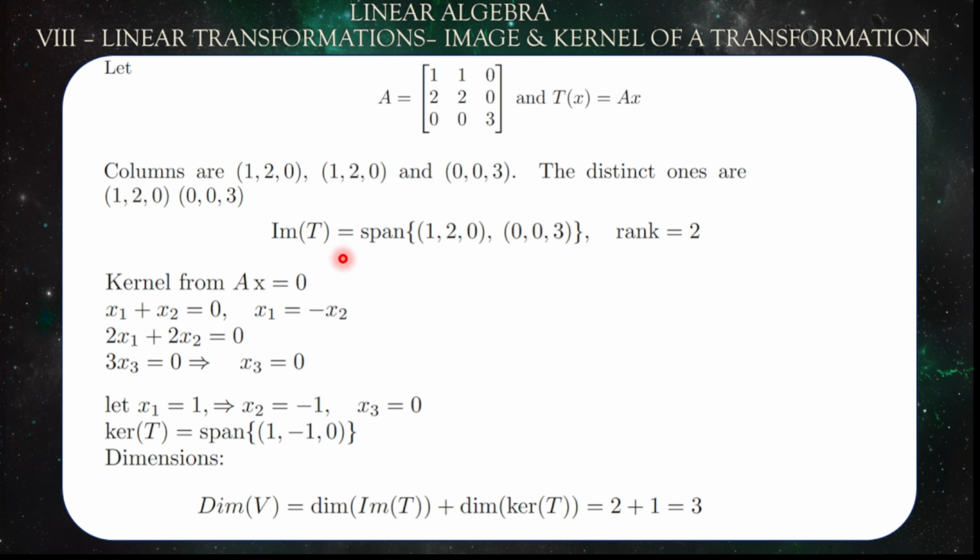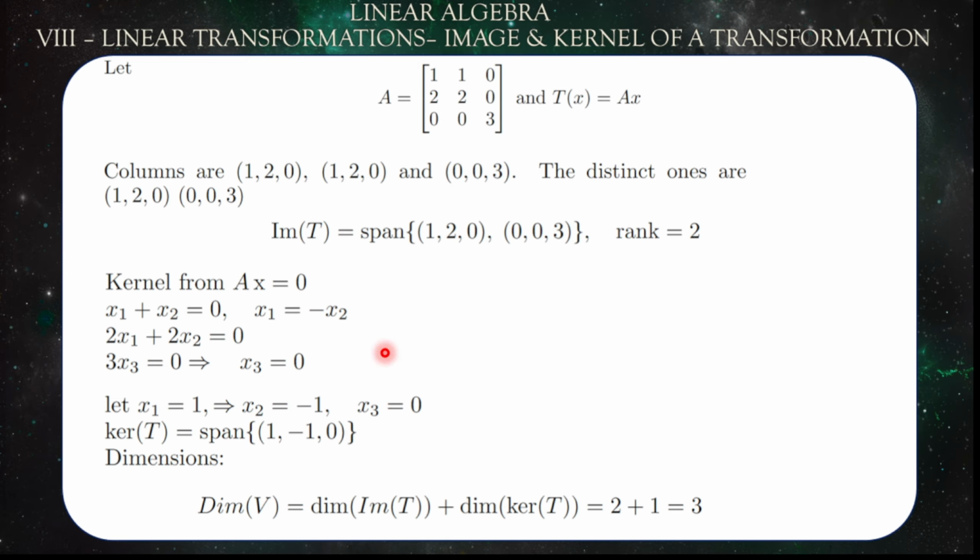Now, the kernel is given by AX equals 0, so x1 plus x2 equals 0, then 2x1 plus 2x2 equals 0, and 3x3 is equal to 0.